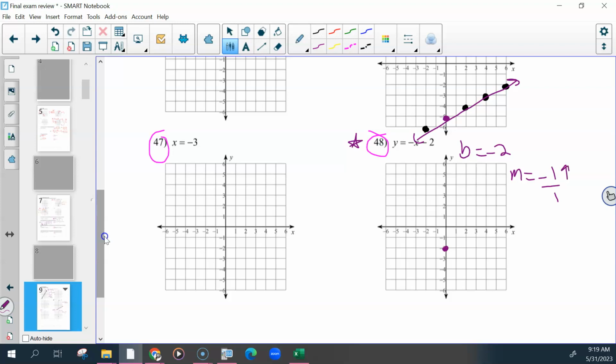So I can go up and to the left as many times as possible, 1 up, 1 left, and plot a point at every up 1, left 1. Or I can do the opposite and go down 1 and to the right 1 from the y-intercept, and plot a point at every down 1, right 1. And then draw a line through all those points, and make sure you have arrows again.